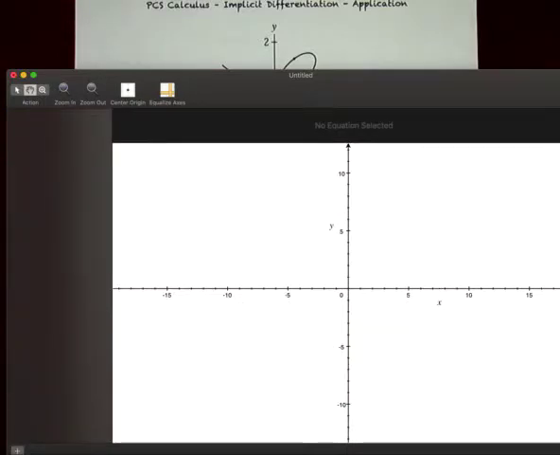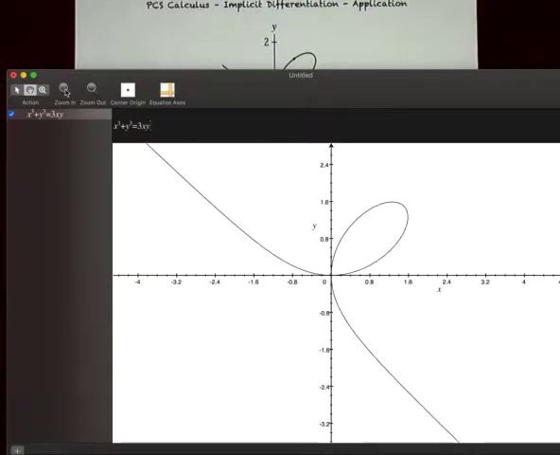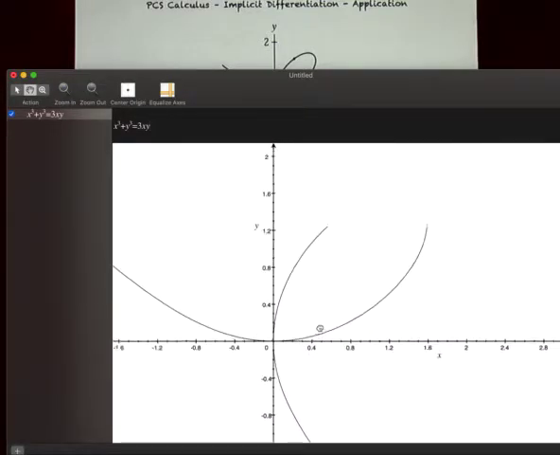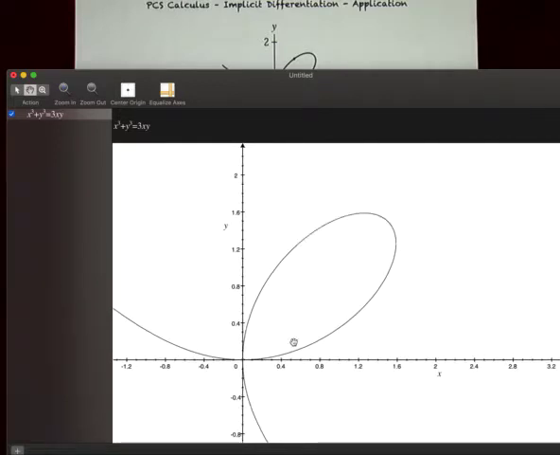And we're going to introduce a new equation. So that winds up being x cubed plus y cubed is equal to 3xy. Okay, and there we go. We're going to have to zoom in just a little bit in order to get a good idea of what that looks like.